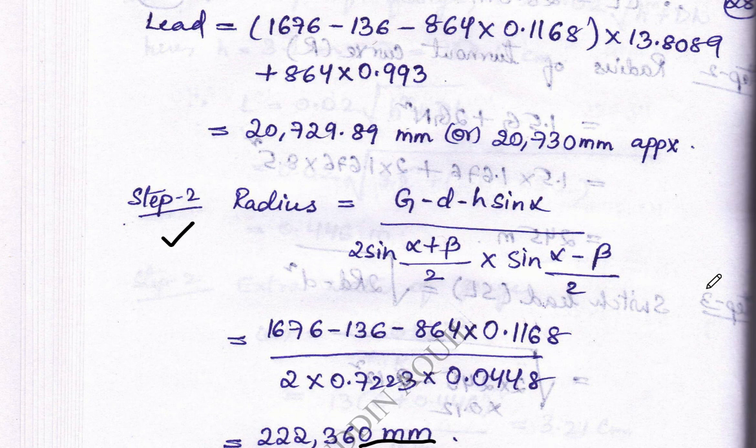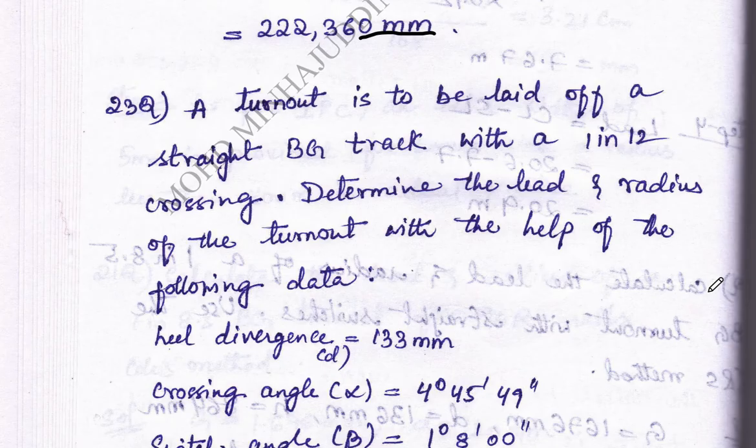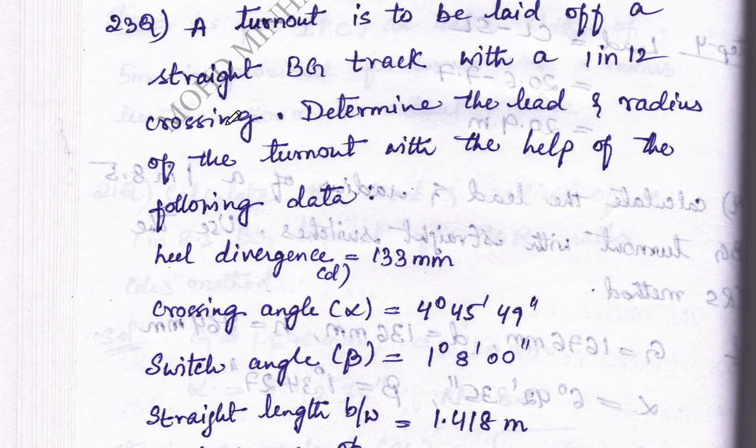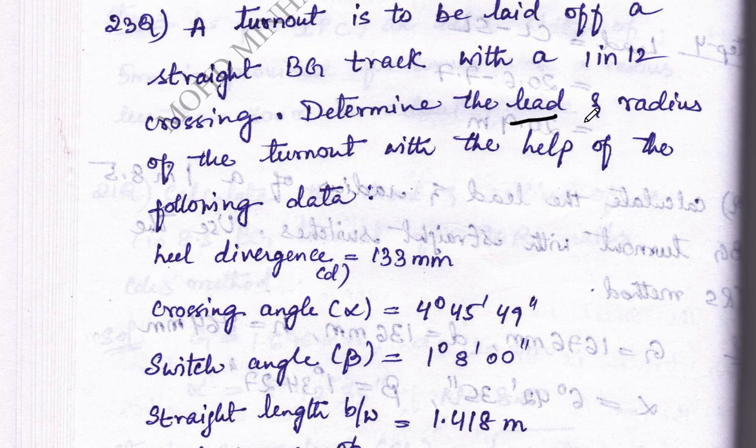Now we will move towards the next type of problem. We have to calculate here lead and radius of the turnout with the help of the parameters which are given in the problem, for BG track with the slope as 1 in 12.